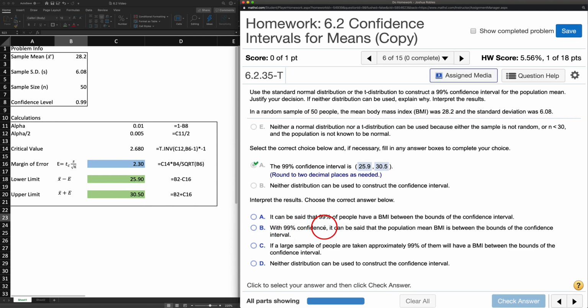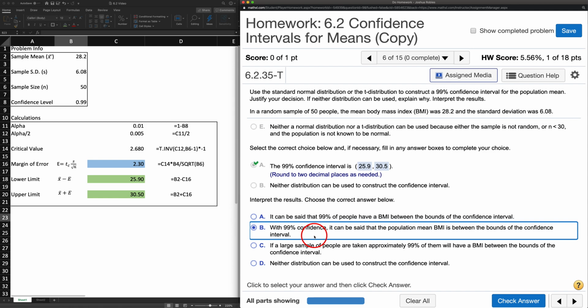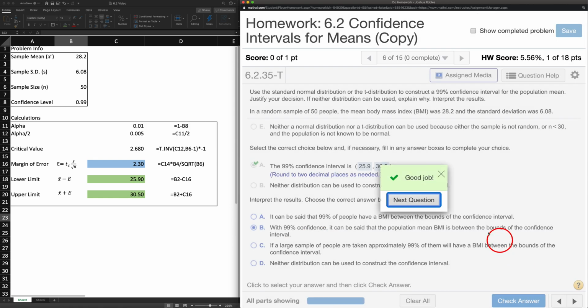And we have the wording with confidence. So with 99% confidence, the population BMI is between the bounds of the interval, which are the numbers we just mentioned. So this is our popular phrasing for the interpretation. All right, looks good.